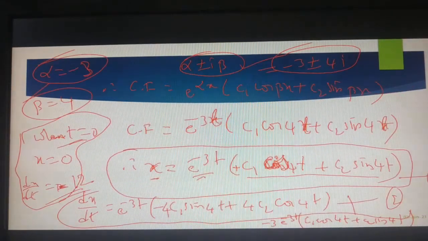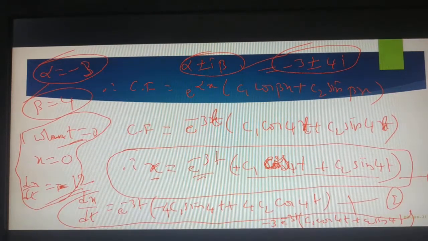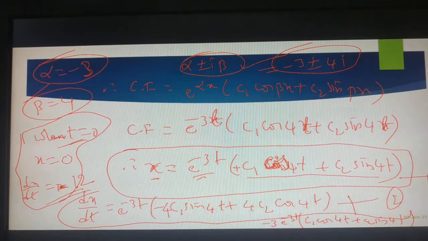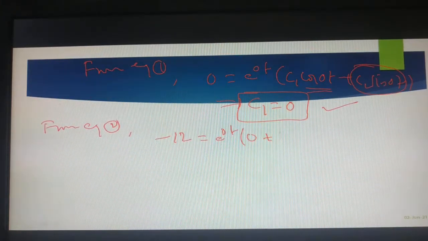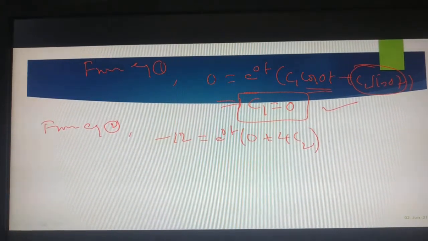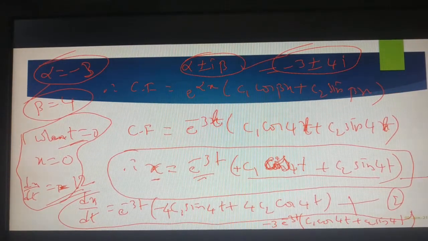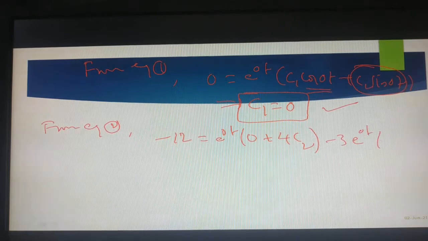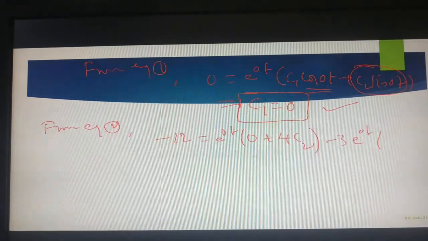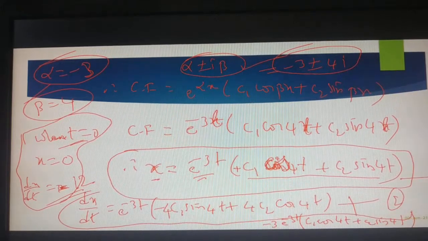Plus 4c2, cos 4t value is 1. So that will be 4c2, minus 3 e power 0t into c1 cos 4t plus c2 sin 4t.